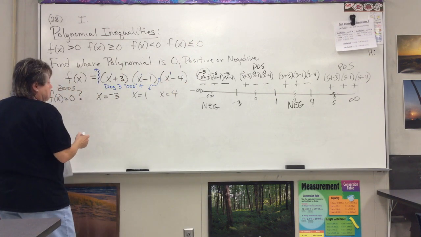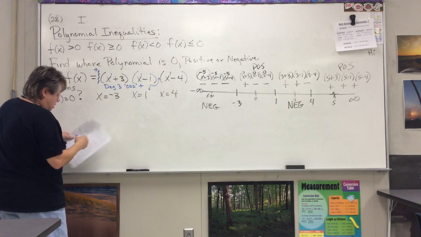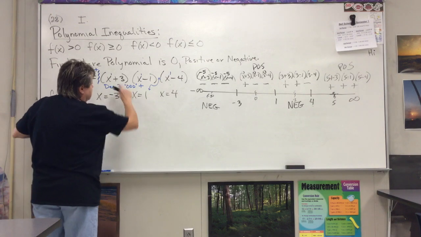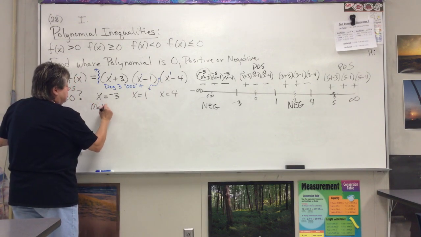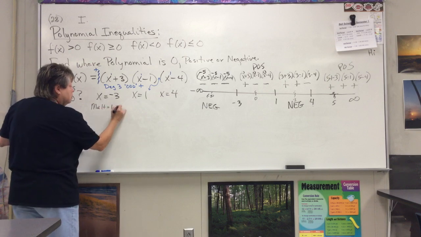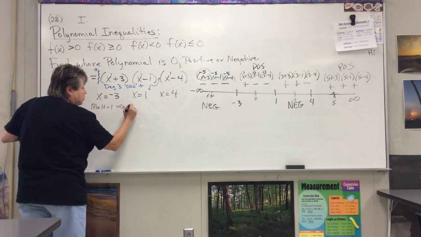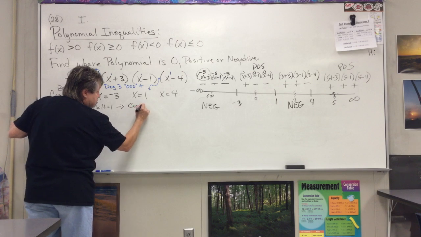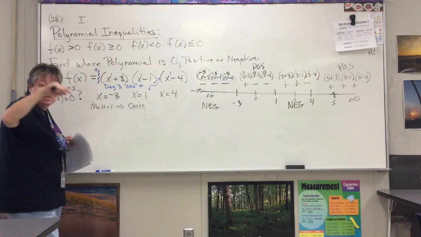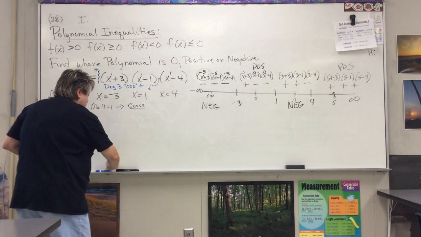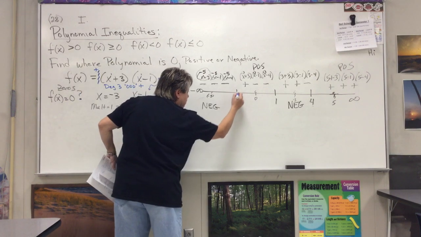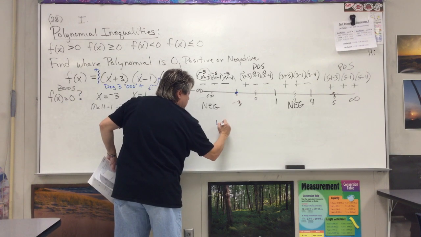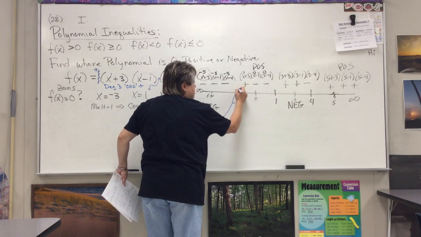What else do we know? Well, on the zeros, okay, all of these have a multiplicity of 1. So multiplicity of 1 implies that we are going to cross the axis at the zeros. So if you think of that, this basic shape should start down here. Okay, so I'm going to my 0, I'm going to cross.